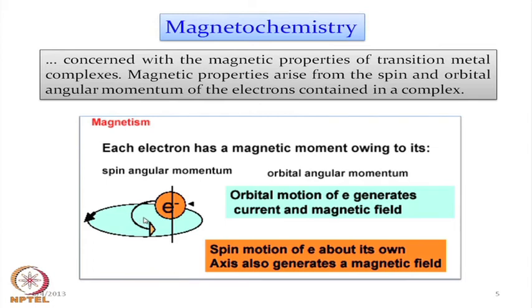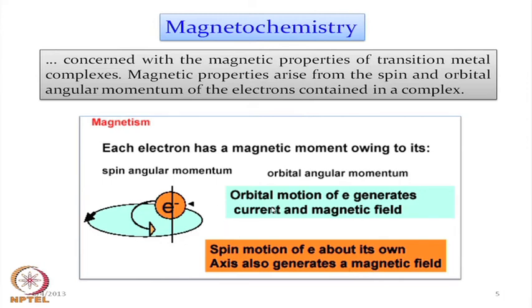The nucleus, which is the positively charged part, is present at the very center of this orbit, and due to its typical motion depending upon its different orbitals, it can be present in 3d orbitals, 4d orbitals or 5d orbitals, with different sizes as well as different orientations for the different levels. We are able to generate the corresponding current and magnetic field due to this orbital motion of the electron. And the spin motion of the electron about its own axis also generates a magnetic field.